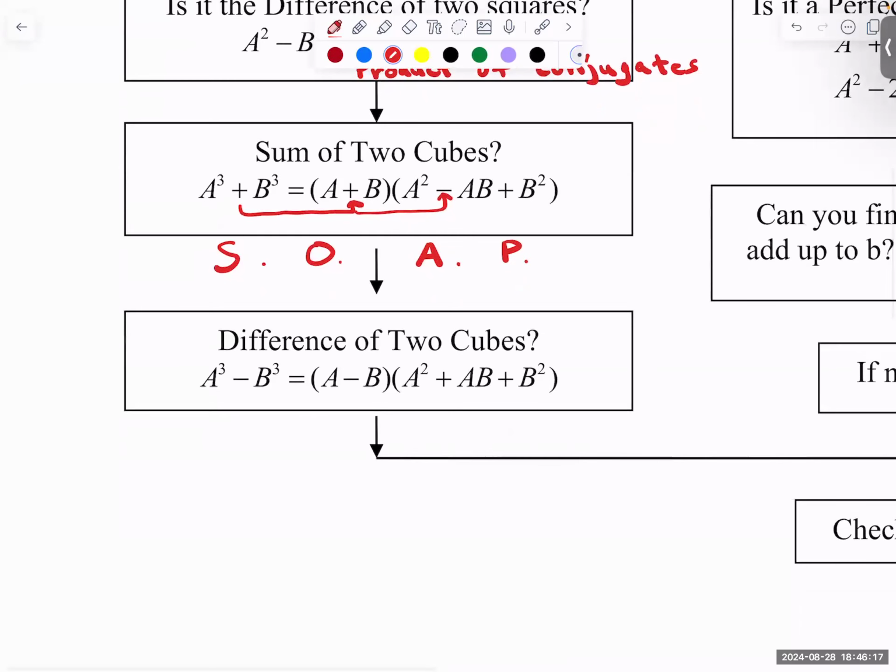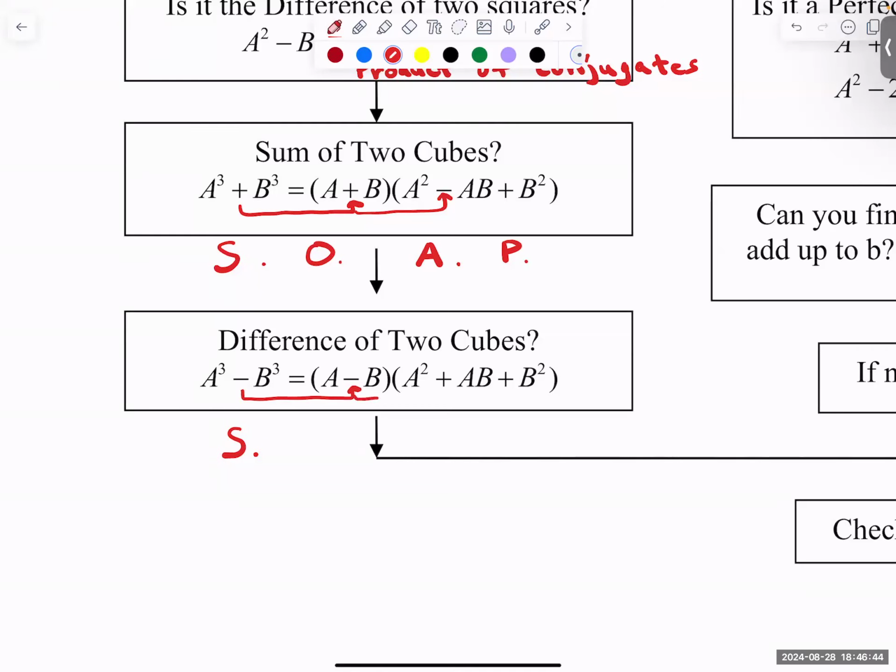If the binomial is a difference of two cubes, a cubed minus b cubed, the factorization is a special product, a minus b times a squared plus ab plus b squared. So just like with the sum of cubes, the first signs are the same, minus to minus, so S for same signs.